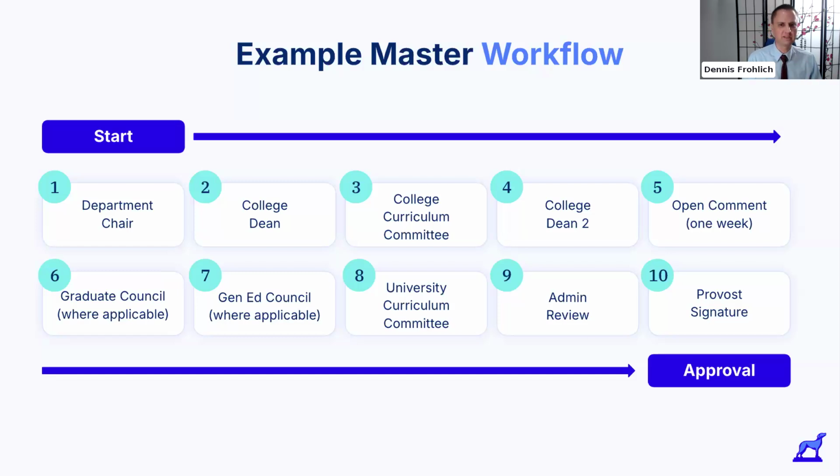Once it's made it through those stages, then it comes to the University Curriculum Committee. Now, ideally, because all these stages are here, problems and issues with courses and programs are being identified early on so that when it makes it to the University Curriculum Committee, it's not as much work as it was in the initial integration, because we're not the first ones seeing the proposal anymore.